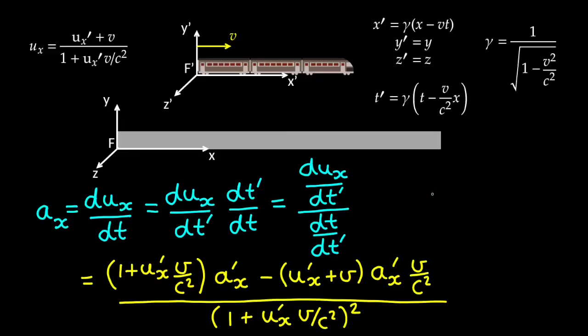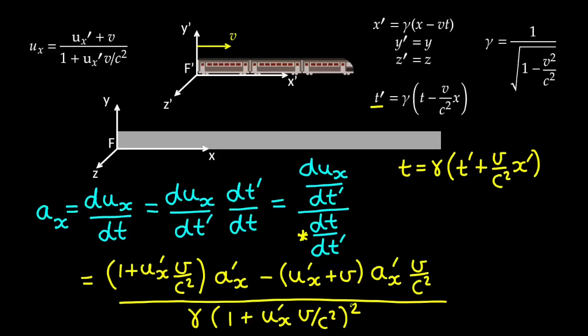And then this entire expression is divided by the derivative in the denominator. So obtaining the inverse expression, we have t is equal to the Lorentz factor times (t' plus v on c squared times x'). Differentiating this expression, we get the Lorentz factor times (1 plus ux' v on c squared).